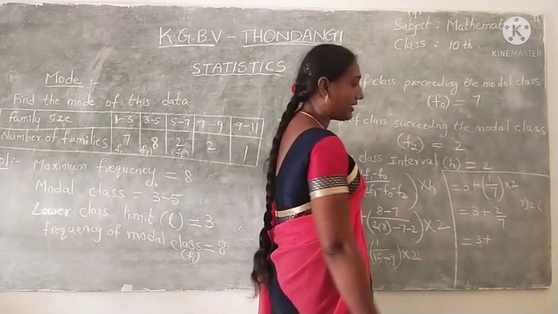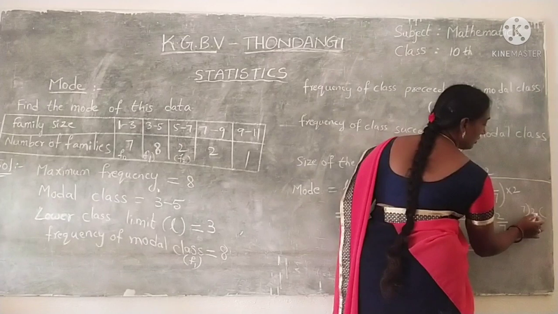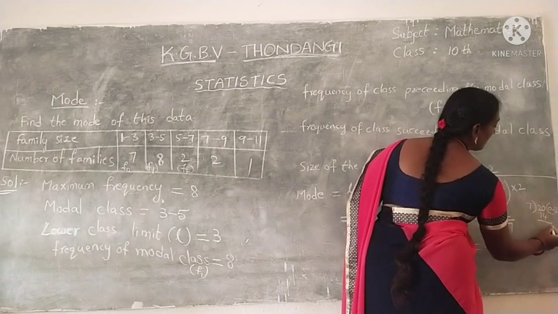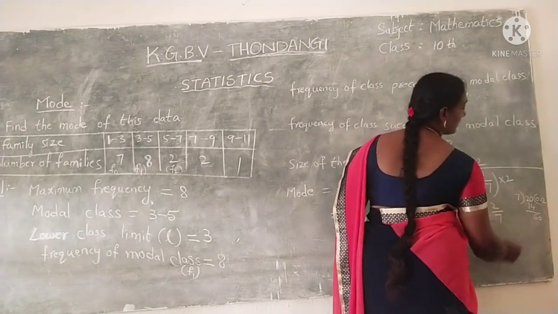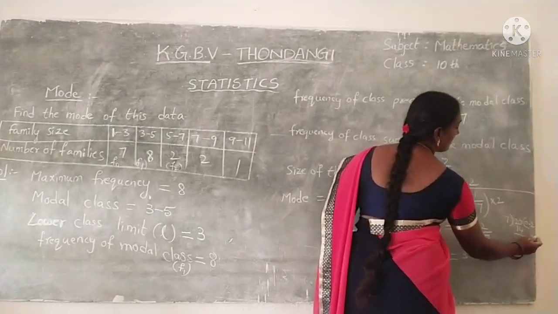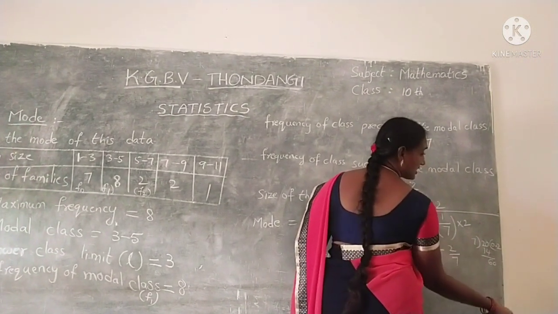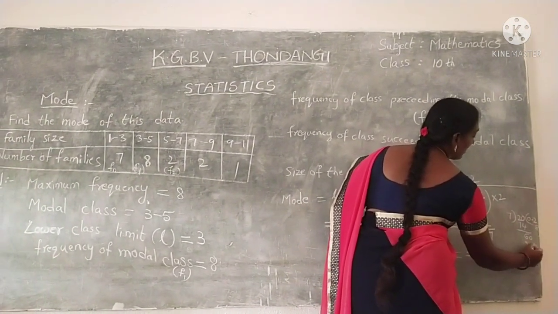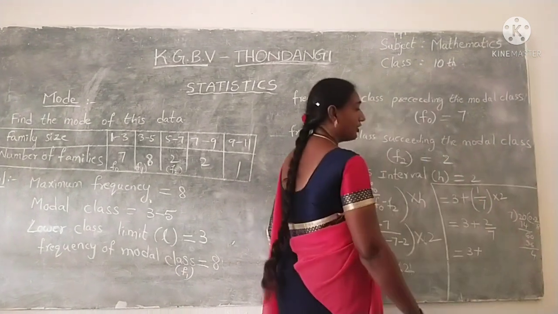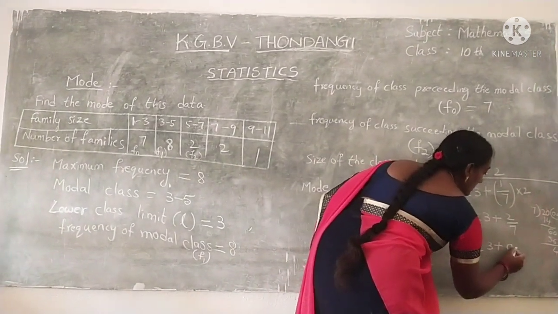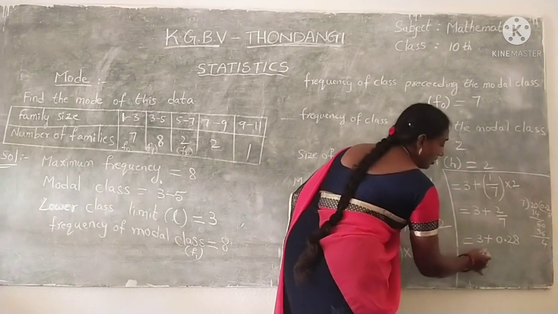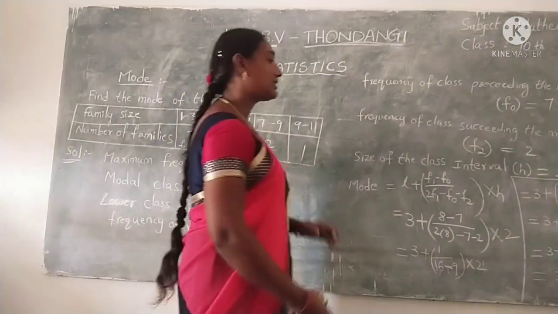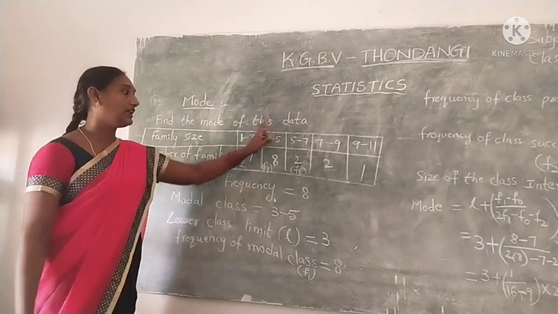Divide 2 by 7: in the 7 table there is no 2, so put 0, and 0 after the point. 7 twos are 14, subtract, 6 remains, and put 0. 7 eights are 56, so we subtract and it gives 4. The value of 2 by 7 is 0.28. So add these two numbers and we get 3.28. So this is the mode of the given data.